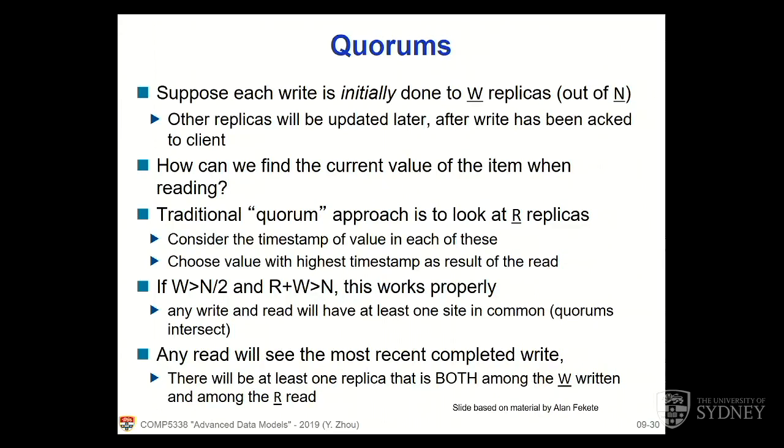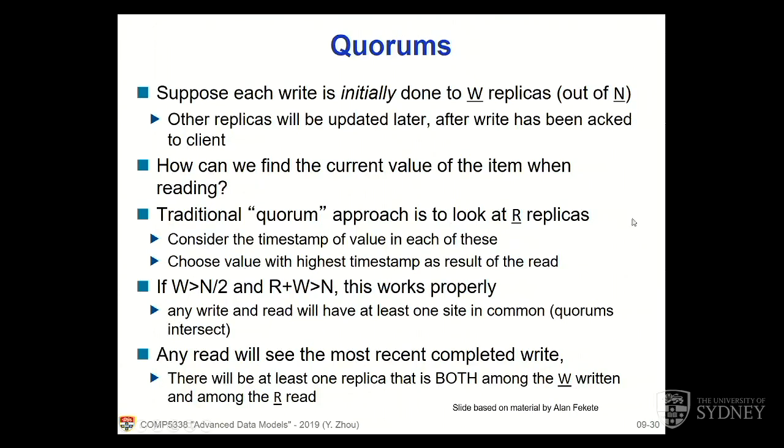If we only contact 1 copy, we might be unlucky and contact one that hasn't been updated yet. But if we contact enough copies, getting one with the latest value is guaranteed, and we can always return the latest value. That's what we call the quorum approach.